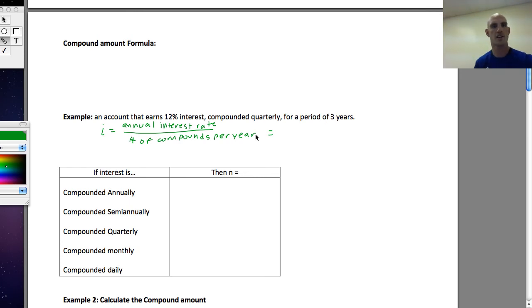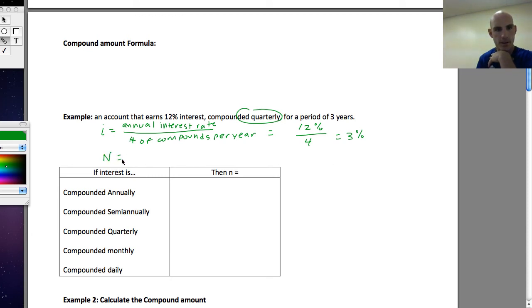The annual interest rate is 12%, okay? And so we're going to put 12% over the number of compounds per year. Well, if it's compounded quarterly, that's 4 times per year. So this is our interest rate, or our I, which is 3%.